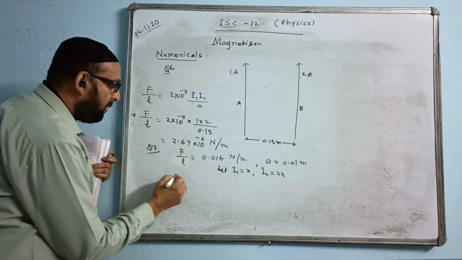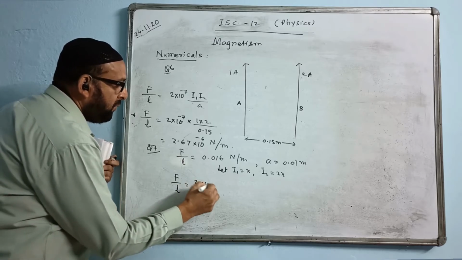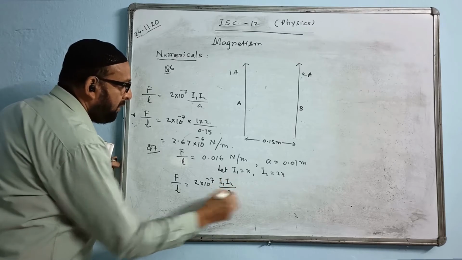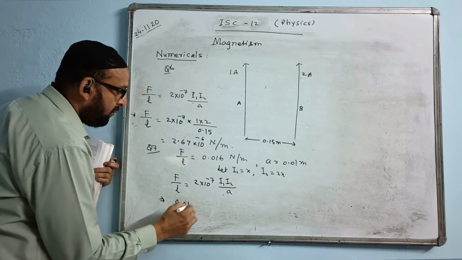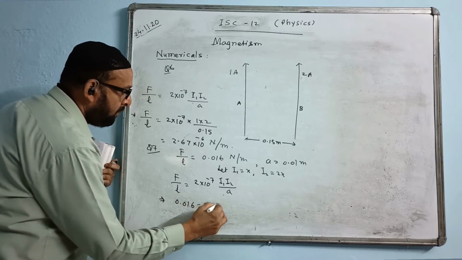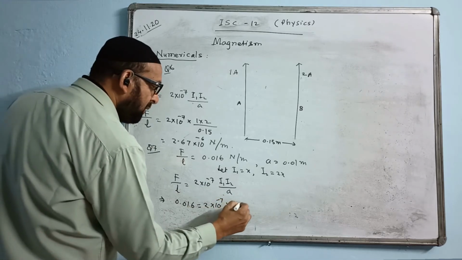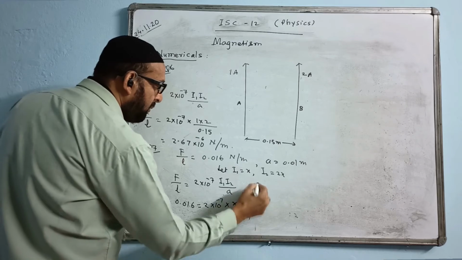So I'll use the formula. F by L is equal to 2 into 10 to the minus 7 I1 I2 by A. Now I'll put the value. F by L value 0.016, I1 is x, this is 2x, 0.01.